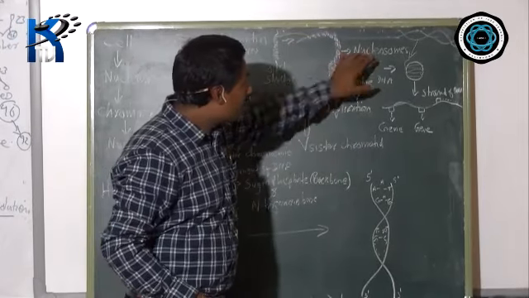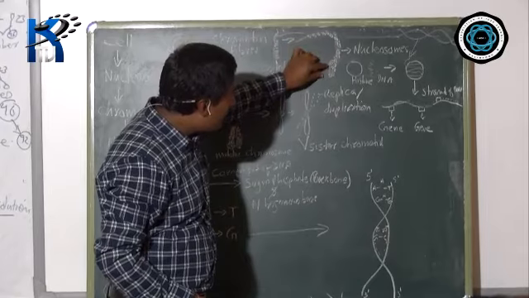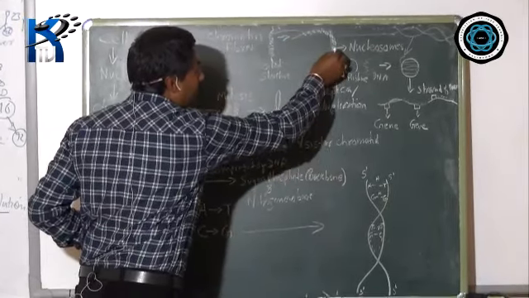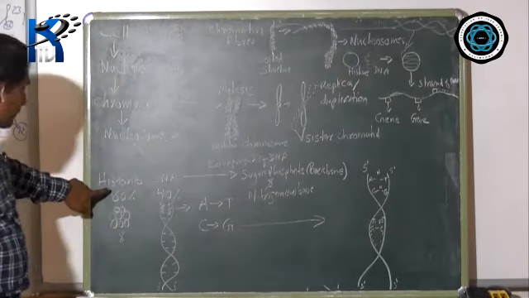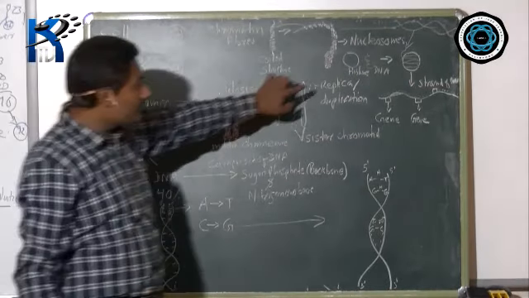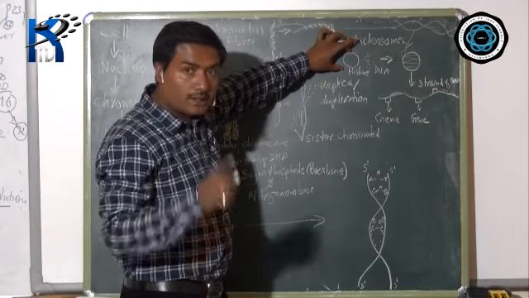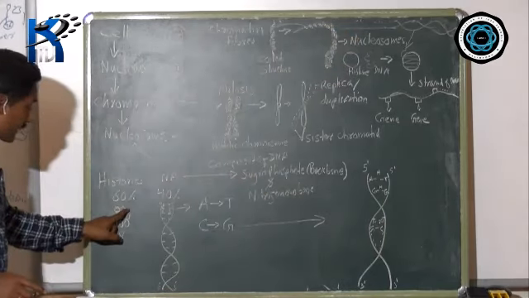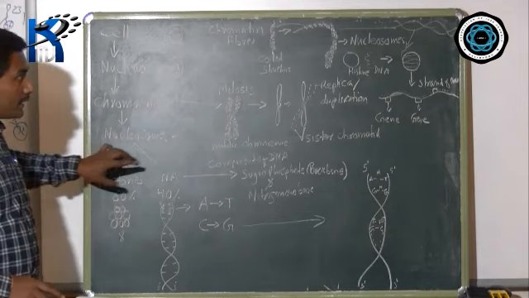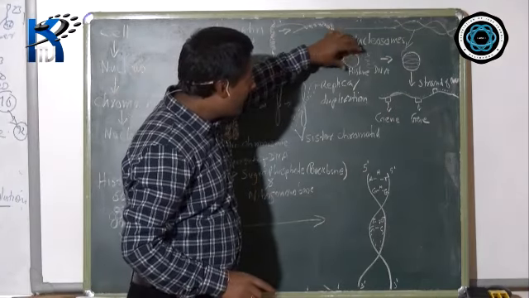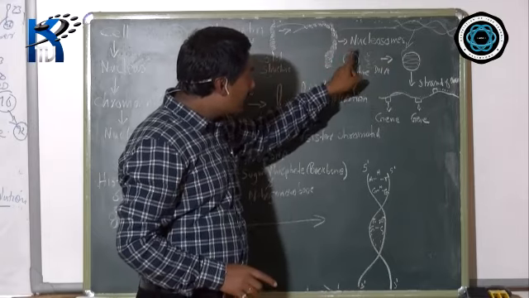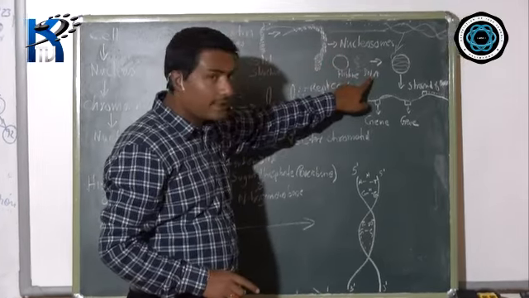Now, these nucleosomes, if you see it properly, you will find a round ball-like structure. What have I written out here? Histones. This ball-like structure, the spherical ball, is a spherical protein. 8 spherical proteins make up the histones. If I take out one ball, the coiled string is DNA.